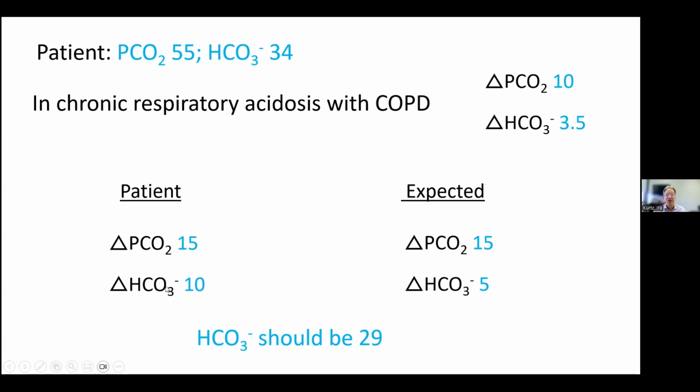The patient's bicarbonate is 10 above normal and the PCO2 is 15 above normal. In chronic respiratory acidosis from COPD or chronic bronchitis, this is the kind of proportion you should get. We would expect that with a PCO2 that's up 15, the bicarb would go up by 5. So the bicarb should be 29. It definitely should not be 34.